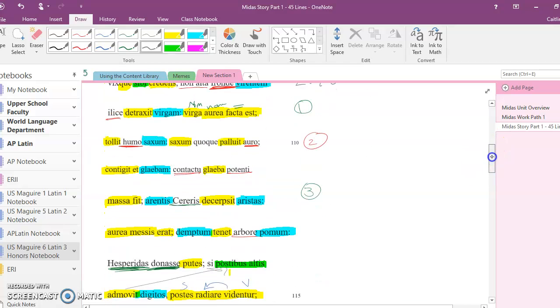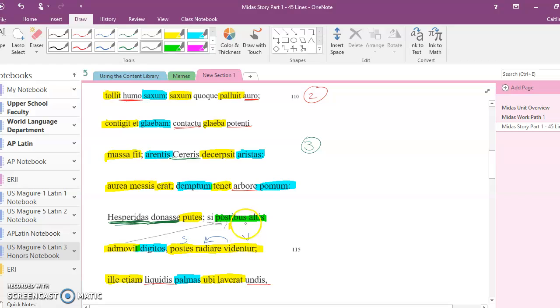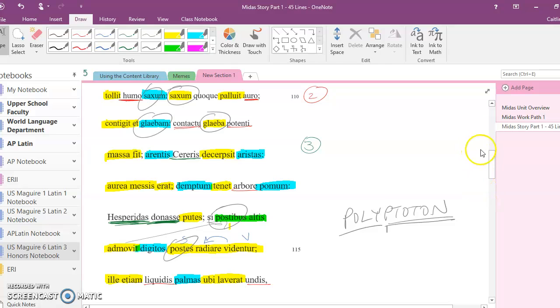When you repeat a word like he did, like saxum, saxum, and glybam, glyba, and postibus, postes, where you're repeating the word but in a slightly different form, like accusative, nominative, dative, nominative, multiple forms of the same word, we called that polyptoton. Many ptoses, many forms of the same word appearing in my text.